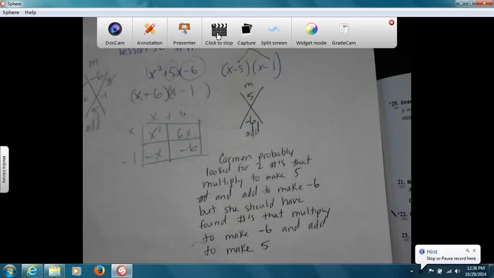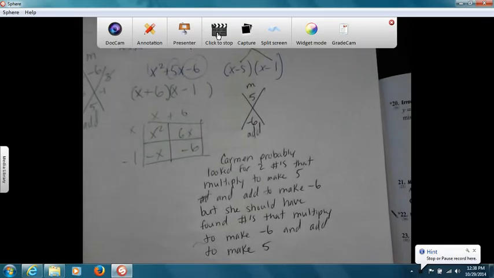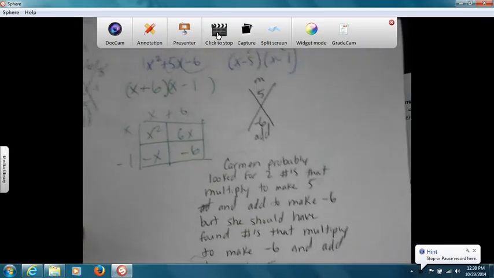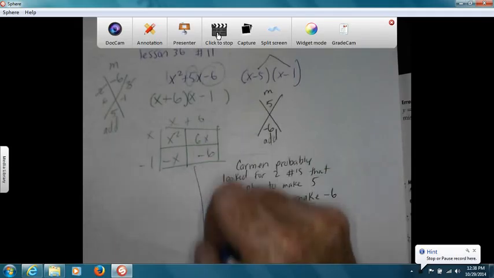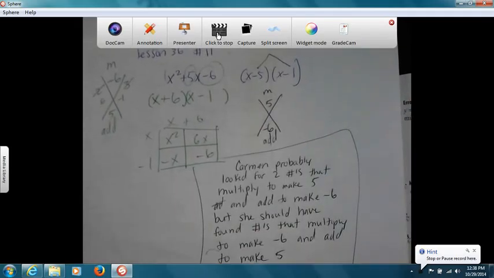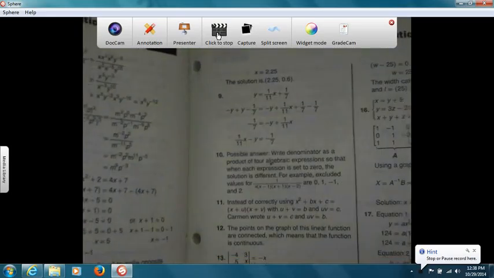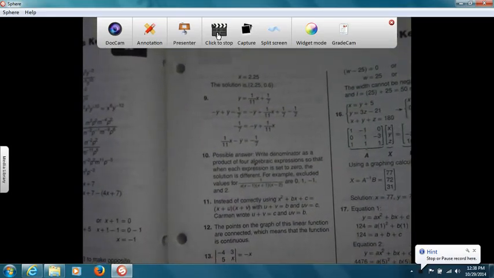Also, if this is my homework page, I'd have my work kind of showing. I'd show my work, and I'd probably box this in for the answer. And then we can check it and see what the book said on number 11. It said, instead of correctly using ax squared plus bx plus c, so they wrote the same thing that we wrote, but they used letters of the alphabet.